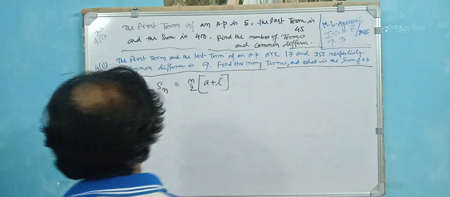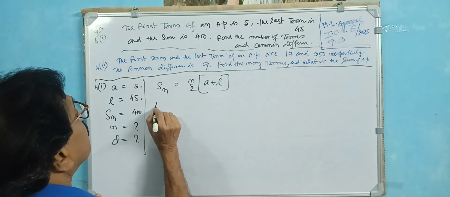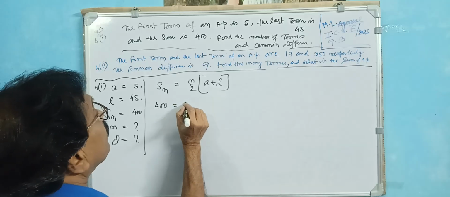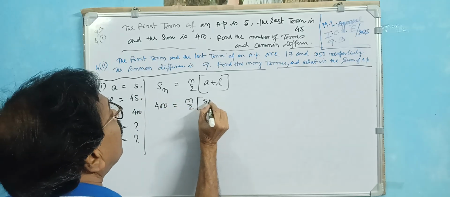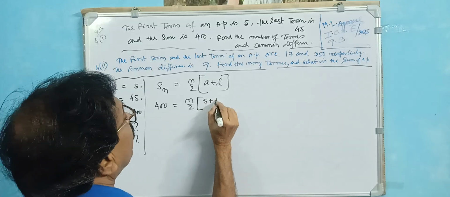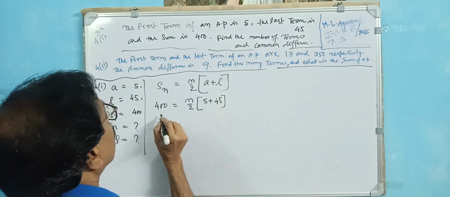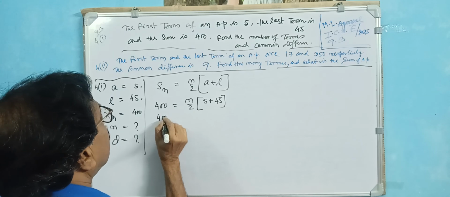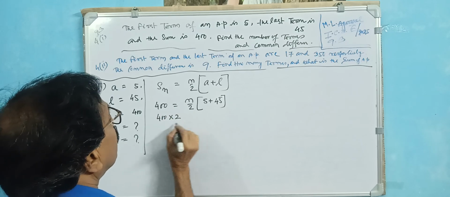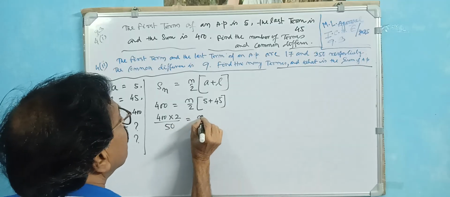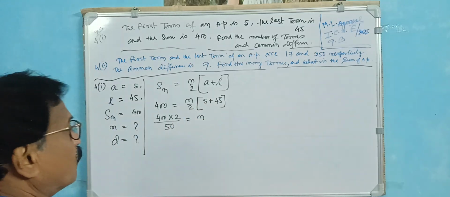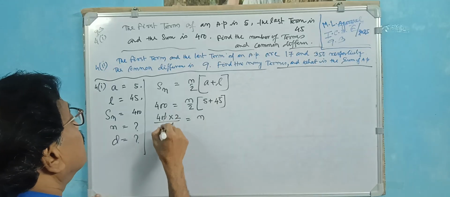So Sn is 400, no problem. You don't know the value of n, you know a is 5 and l is 45. So this is 400 by 2, that is 50. 45 plus 5 is 50, so this is cut, this is cut.